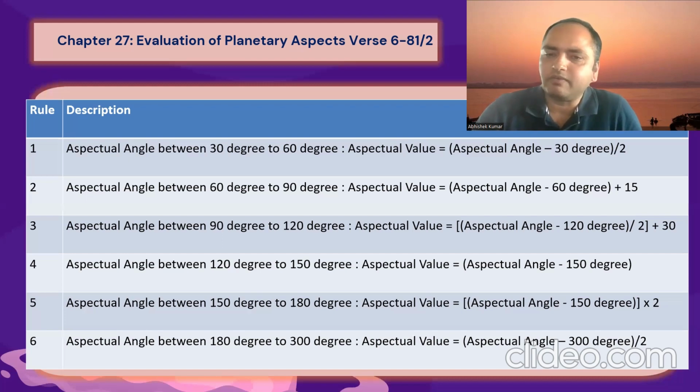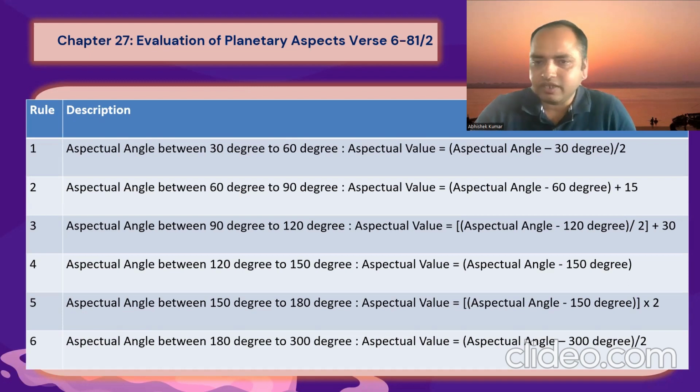That will give you the aspectual value. And the sixth rule: after 180 degrees, he's jumping from 180 degrees to 300 degrees. If the aspectual angle is between 180 degrees to 300 degrees, then reduce 300 degrees and divide the resultant by 2. That will give you the aspectual value.